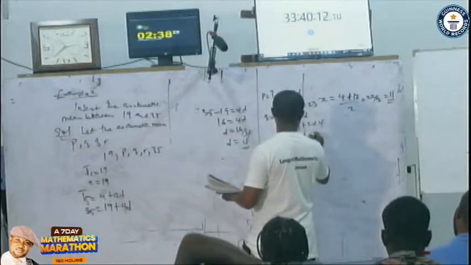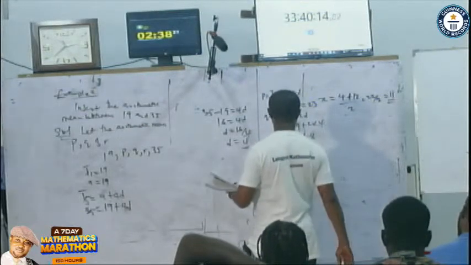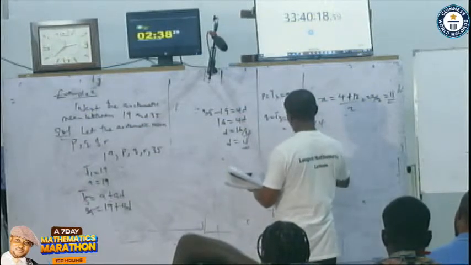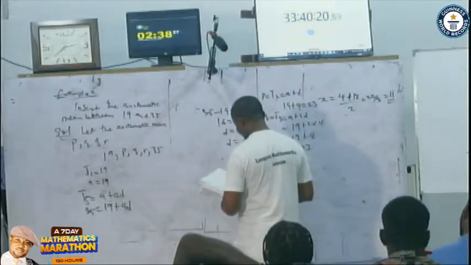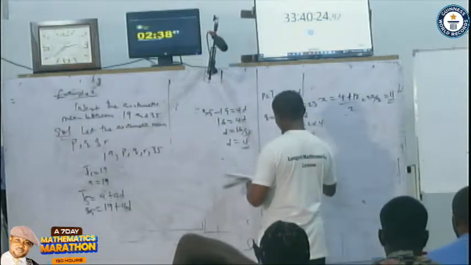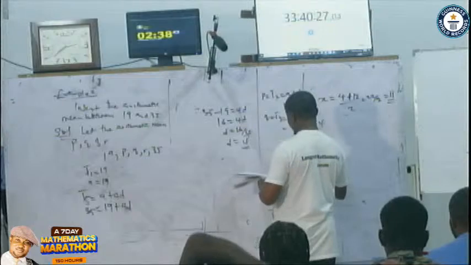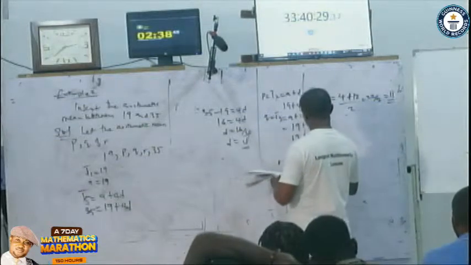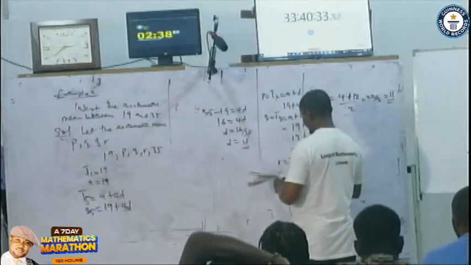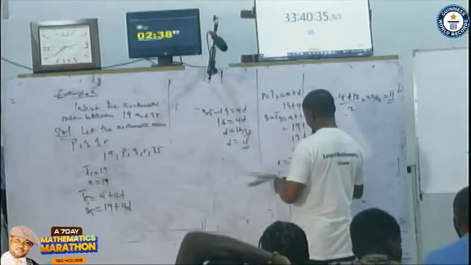That will be 19 plus 8, which is 27. Then R, which is T4, is A plus 3D, which is 19 plus 3 times 4. 19 plus 12, that's 31.